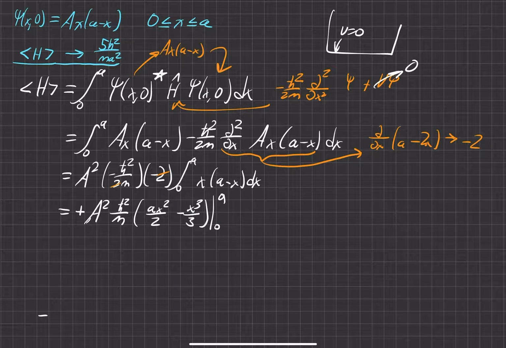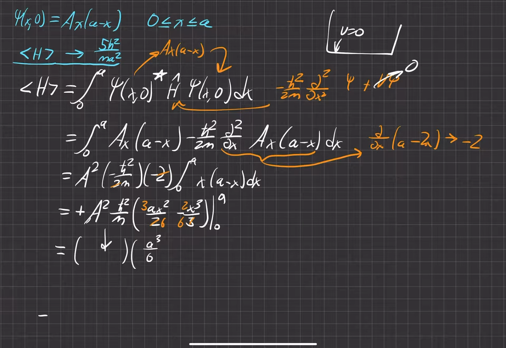Then we have our glob of constants, which I'll slide down here. We can do common denominators here. That's a 2, oops, no, this is a 3. Almost missed it. So that is a cubed over 6.